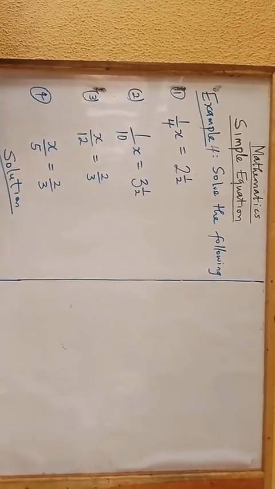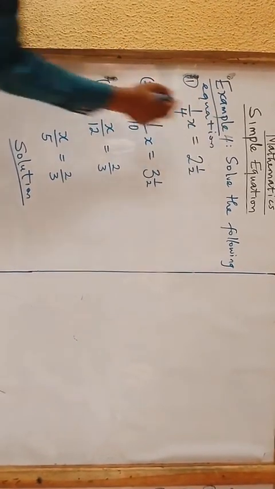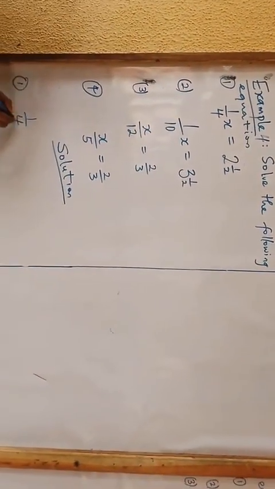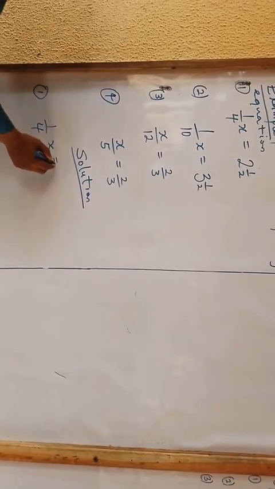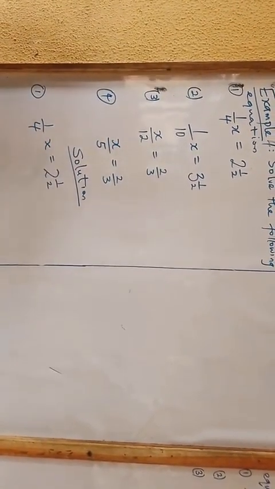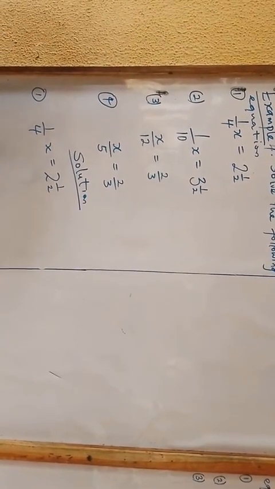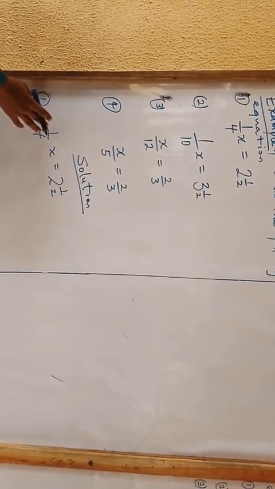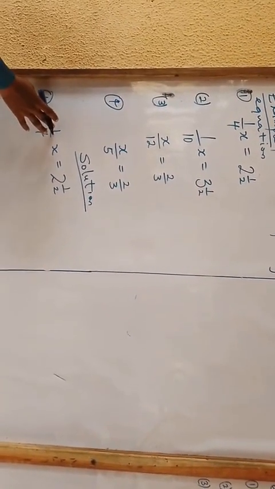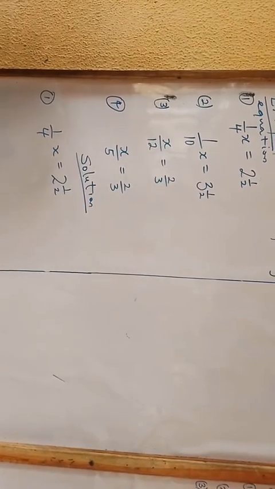Today we want to solve the following equations. Number 1, we have 1 over 4x is equals to 2.5. So the first thing to do is to change this mixed fraction to improper fraction. And likewise, don't forget, in my previous video I told you that this one can multiply this x because both are in numerator side.